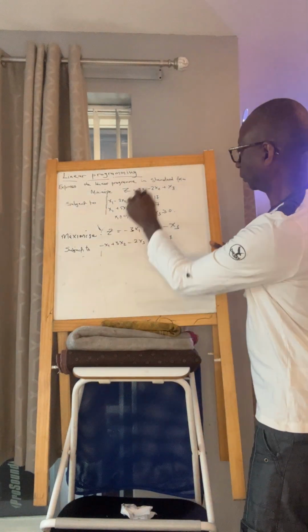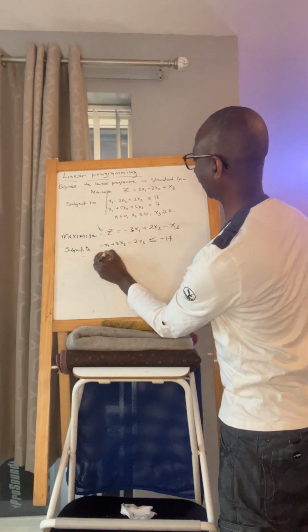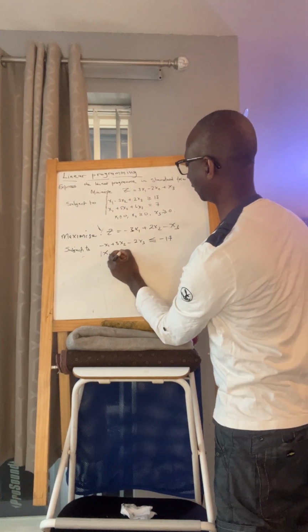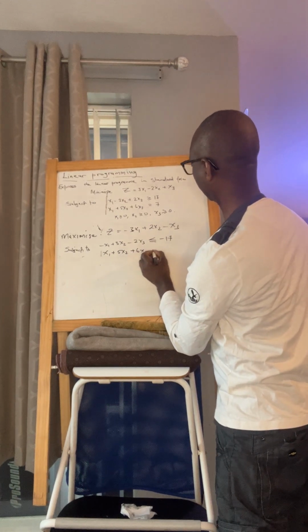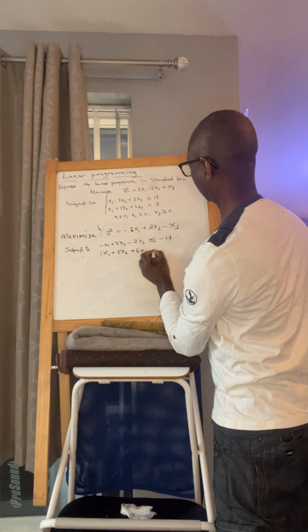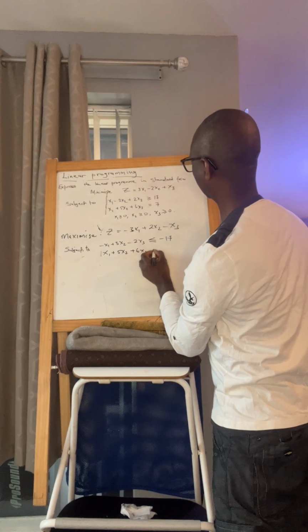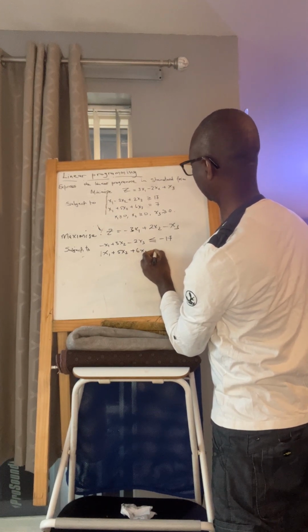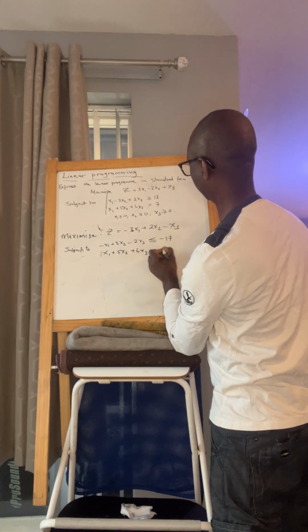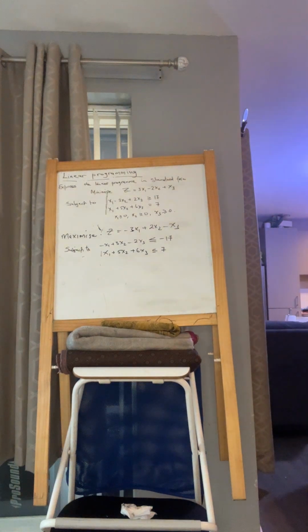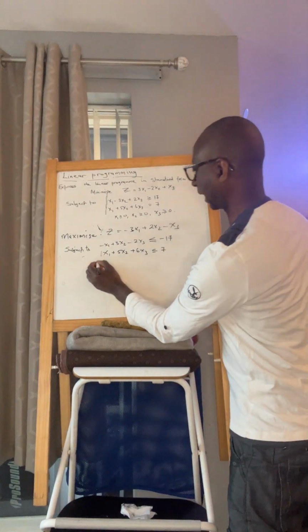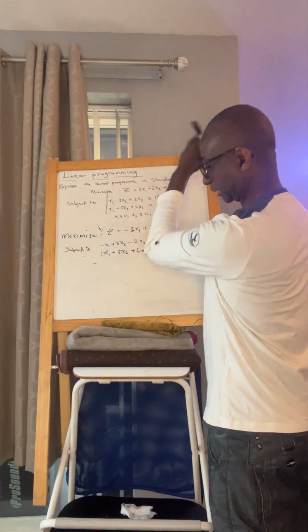Now, we're going to represent this by x1 plus 5x2 plus 6x3 less than 7, and we're going to multiply it throughout by minus 1.